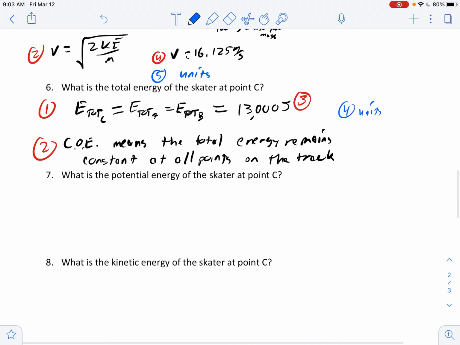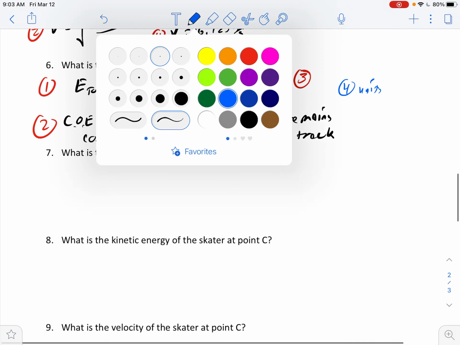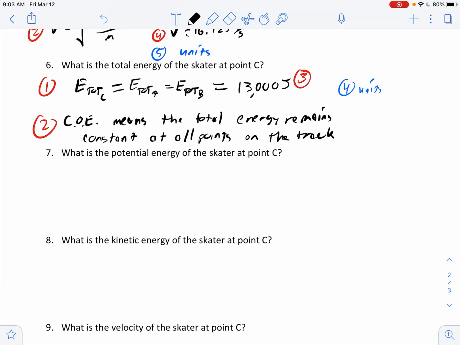All right. Number 7, what's the potential energy at point C? Okay, so potential energy is mgh. All right, so don't forget, you're going to use your mass. Okay, don't care if you use 9.8 or 10 for gravity.